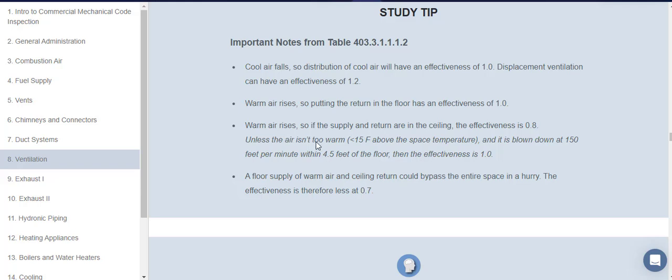Warm air rises, so if the supply and return are in the ceiling, the effectiveness is 0.8, unless the air isn't too warm, less than 15 Fahrenheit above the space temperature, and it is blown down at 150 feet per minute within 4.5 feet of the floor. Then the effectiveness is 1.